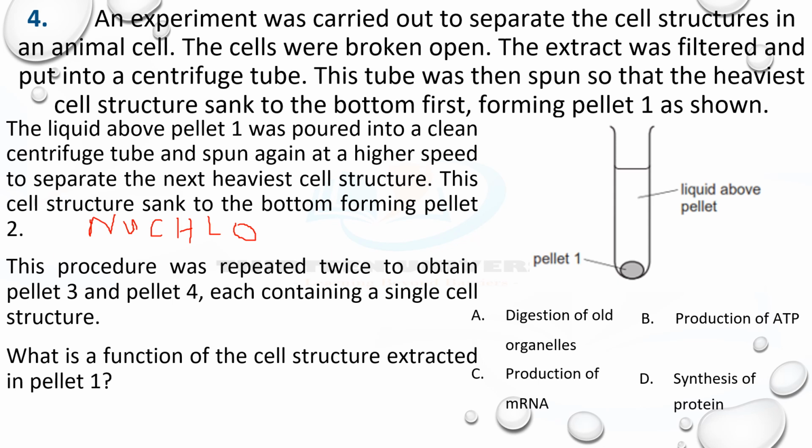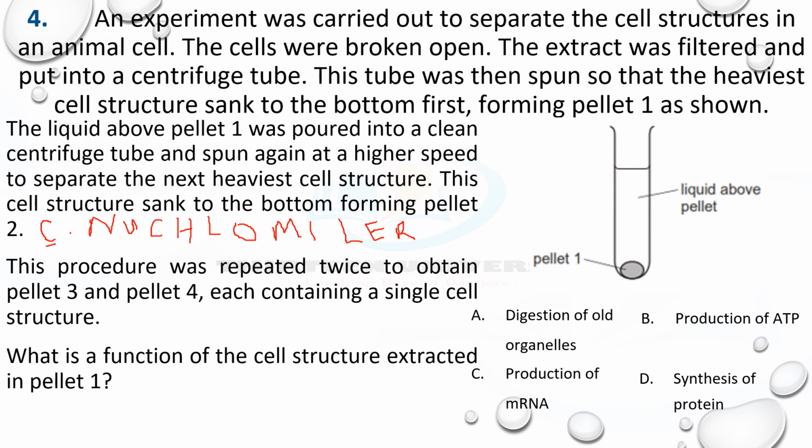But I added something to it to accommodate plant cells, so I added C: C-nucleomyelin. If we're dealing with a plant cell, the heaviest structure will be cellulose. This C is cellulose.